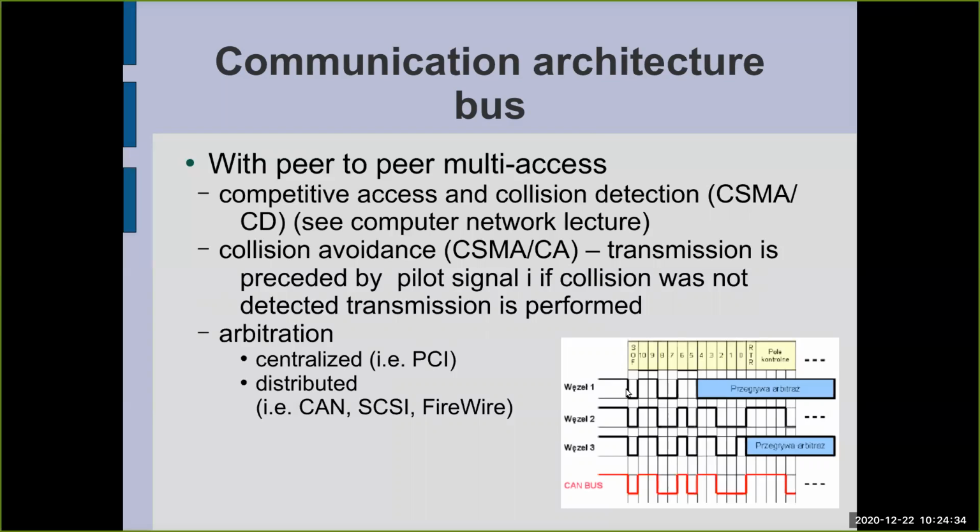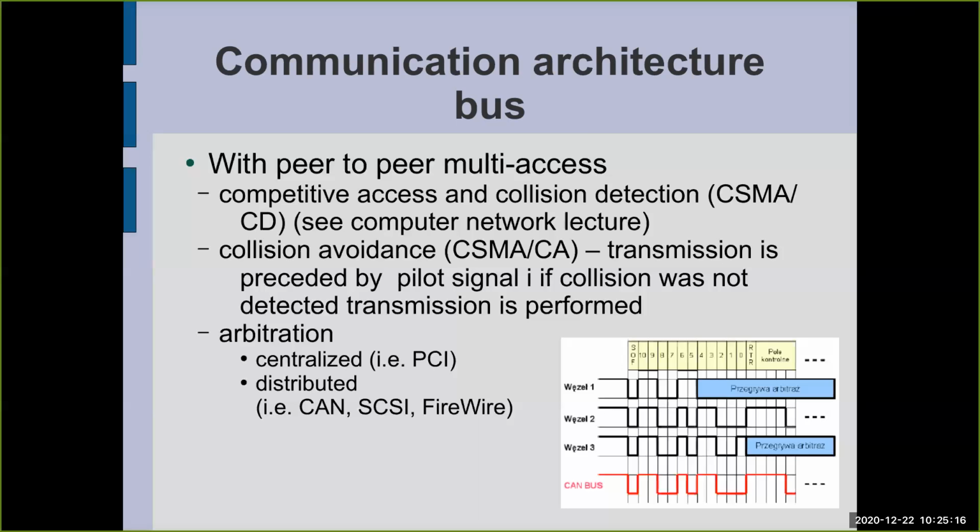So before the node starts to send data, it transfers something which is called a pilot sequence. So here you have 3 nodes, 1, 2, 3, and here you have the state of the bus. This method is used, for example, in CAN bus. So CAN bus is very commonly used in automotive. So in current vehicles, most systems are connected using CAN.